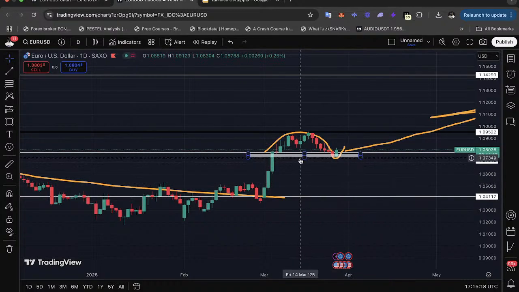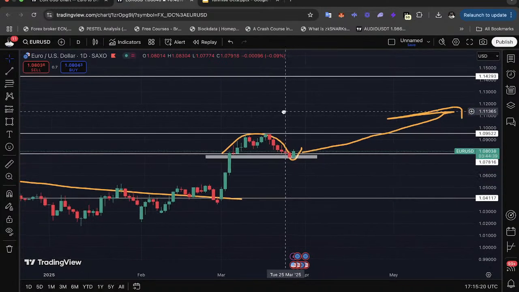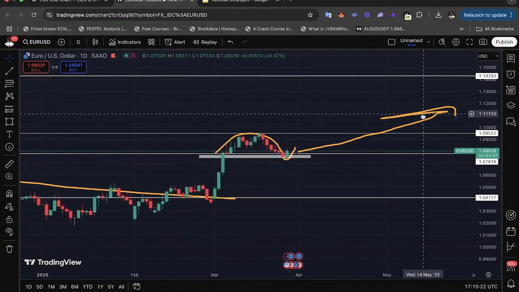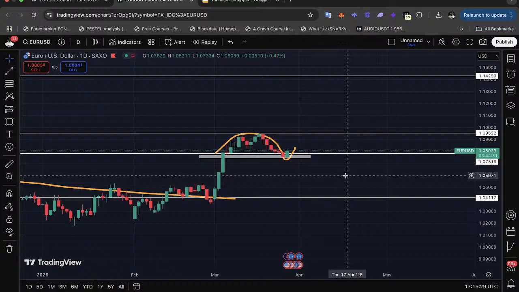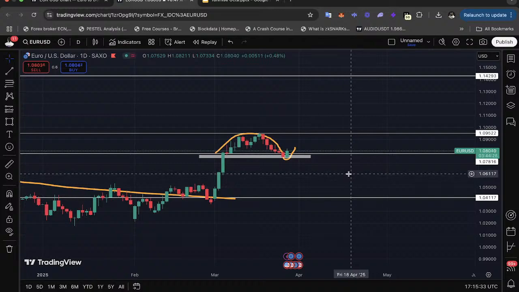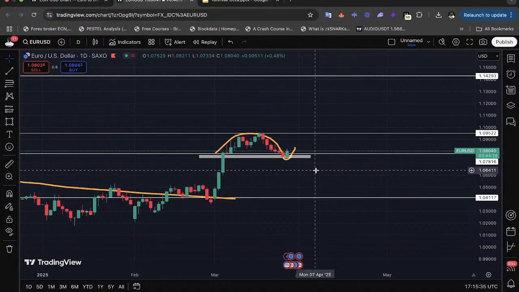And this makes this very, very interesting. Now we can see a pushback from the support zone.